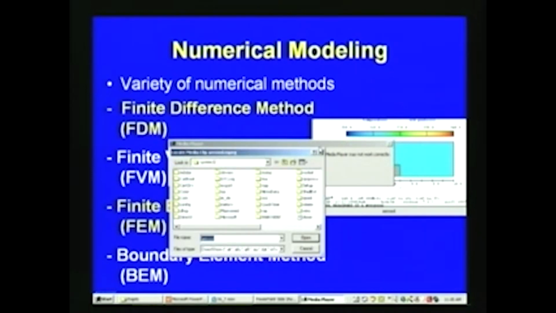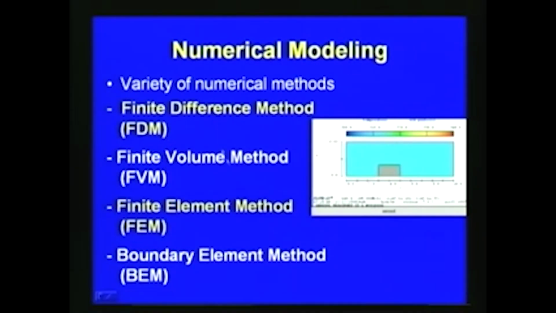Each method has its own advantages and its own disadvantages and difficulties. Depending upon what kind of problem we are trying to solve, we can use any of these methods, approximate the Navier-Stokes equations, and then try to solve them.